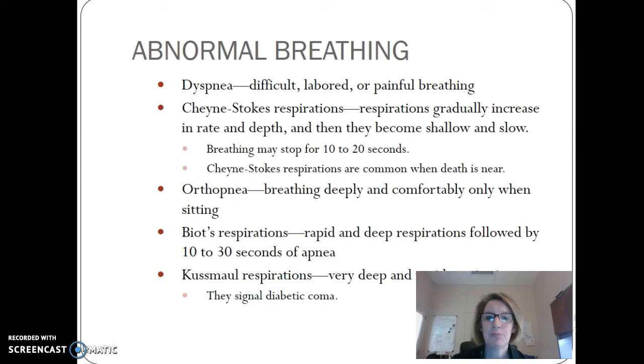Orthopnea means breathing deeply and comfortably only when the person is sitting. Biot's respirations are rapid and deep respirations followed by 10 to 30 seconds of apnea, or absence of breathing. And then Kussmaul respirations can signal diabetic comas. They're very deep, rapid respirations.